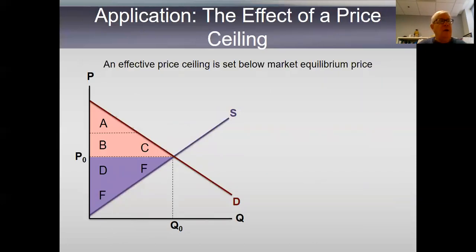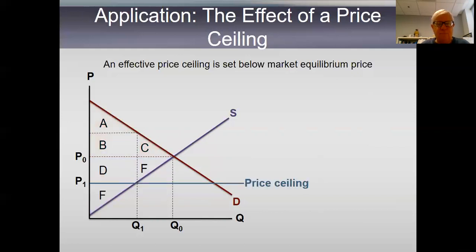So here we've got a situation where we want to look at a price ceiling. A price ceiling is one that's going to be lower than the price on this graph, P sub naught. So if you've got a price that's lower than P sub naught, what's going to happen is you're going to get a price that looks like this.